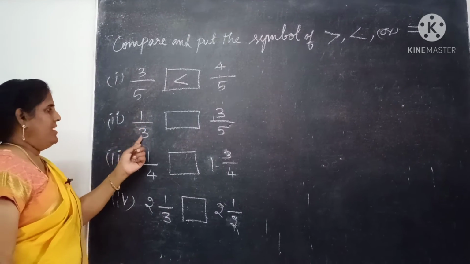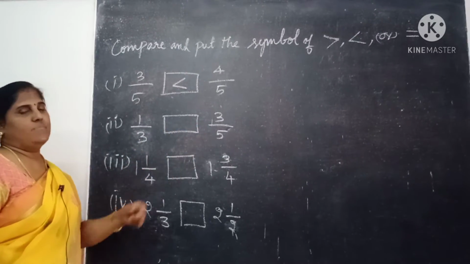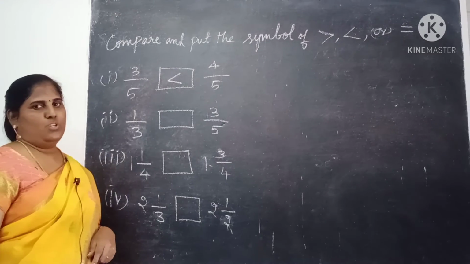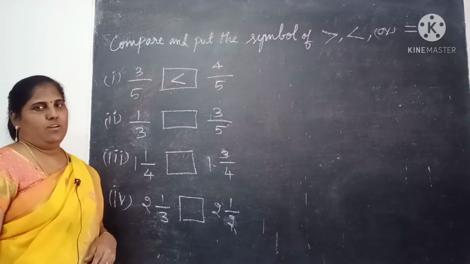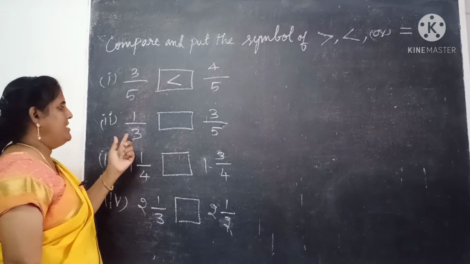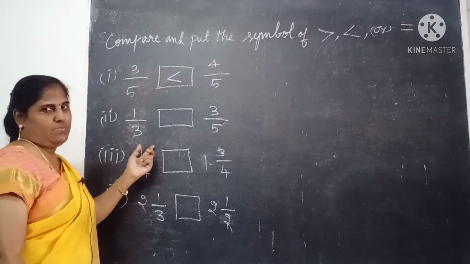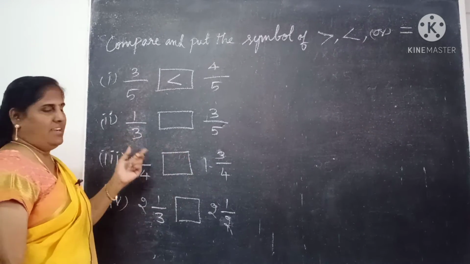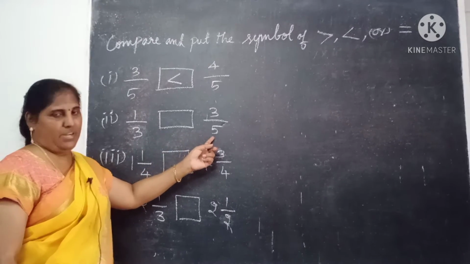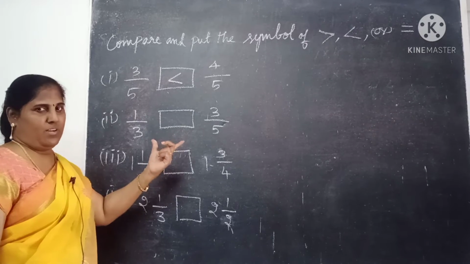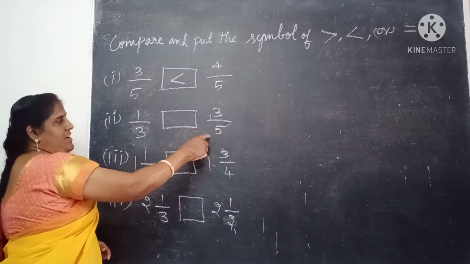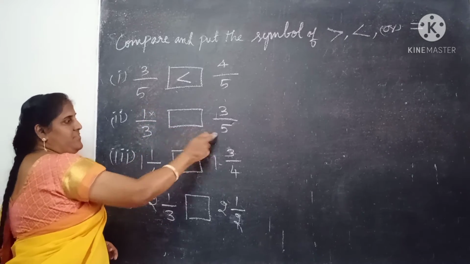Next, 1 by 3 and 3 by 5. Here the fractions are not like fractions, so we cannot compare them directly. But if we convert them into like fractions, we can compare. What is the denominator here? 3. And here? 5. Both are prime numbers, so just cross multiply: 5 threes are 15.